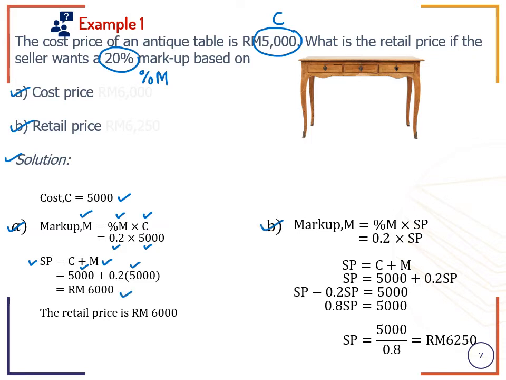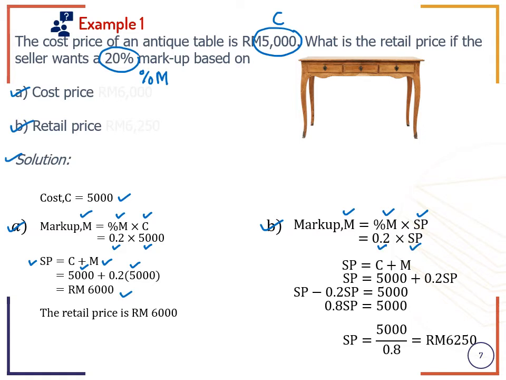For B, to calculate markup based on retail price, percentage of markup must be multiplied with selling price. Therefore, markup here is equal to 0.2 multiplied by SP.